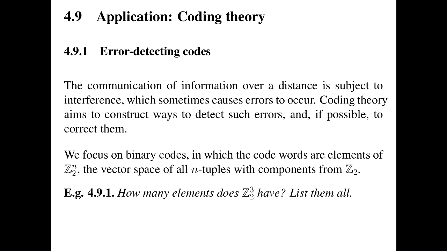I've never worked in it. And the idea of coding theory, apart from getting to play with nice maths, is that you want to construct ways of transmitting data in a robust way, right? So that if an error occurs, you can tell that an error has occurred. And even better, if an error has occurred and you've diagnosed that an error has occurred, you can repair it.